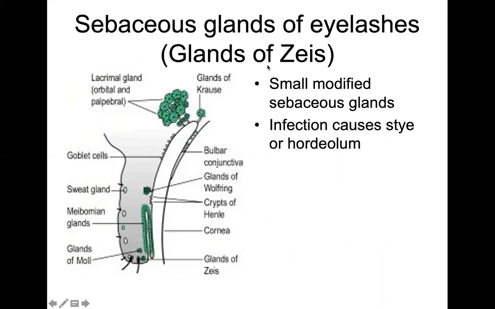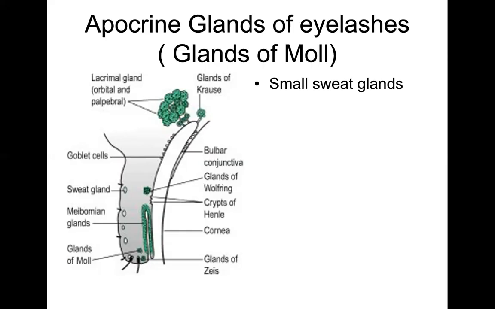So, you have your glands of Zeis. These are actually small modified sebaceous glands that when they are infected, it causes a stye or what we call a hordeolum.